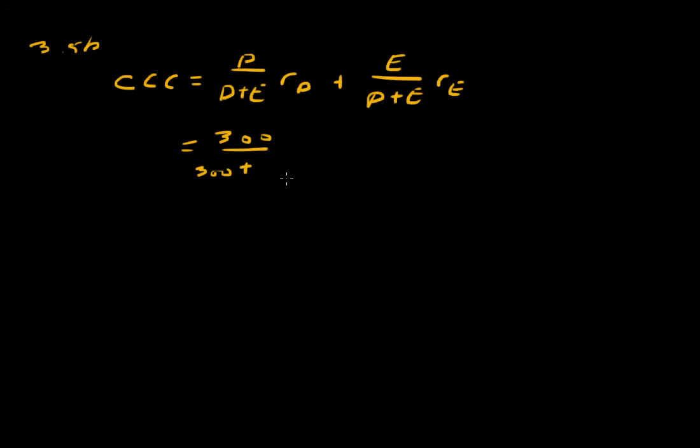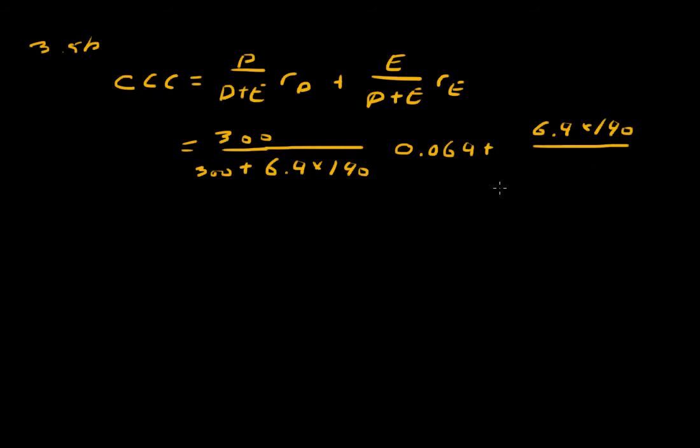The equity was known through the share price times the number of shares, which is 140 million. The rate of return on the debt was 6.4%, and the equity is 6.4 times the 140.